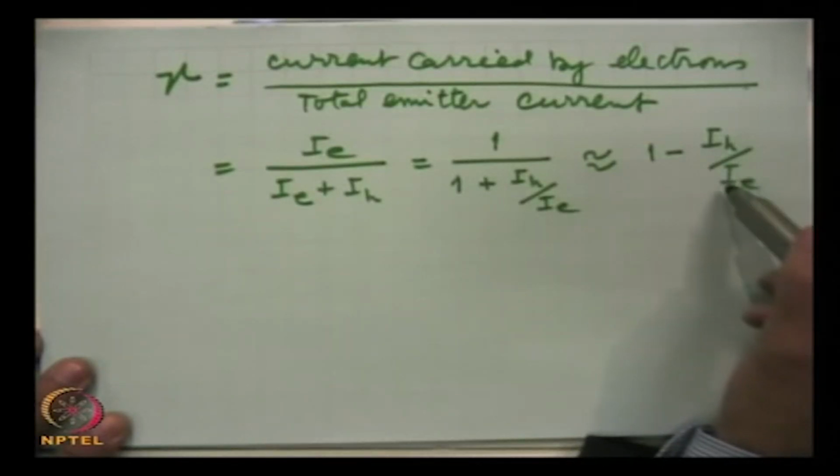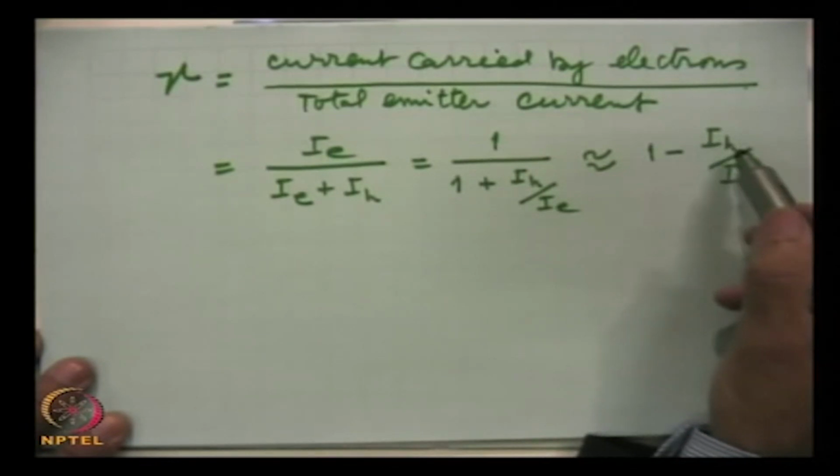And how do we achieve this in practice? This whole current arises because of diffusion from the base region.